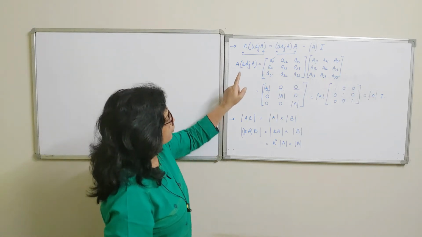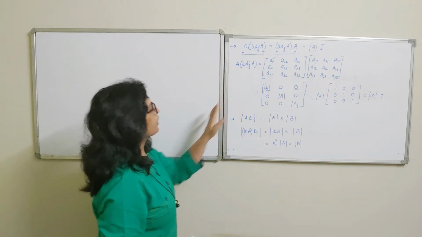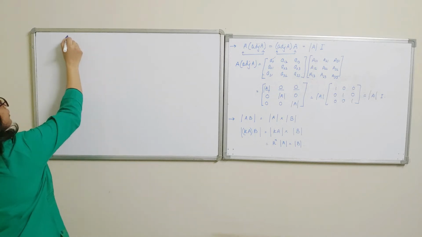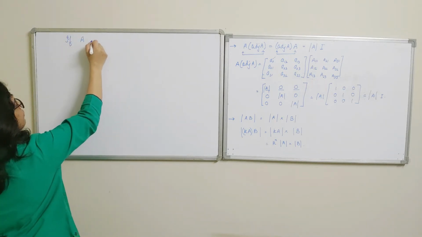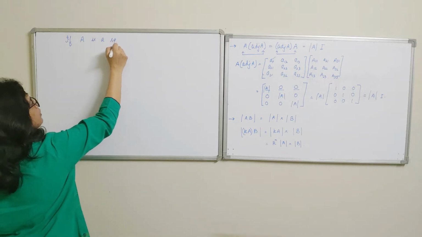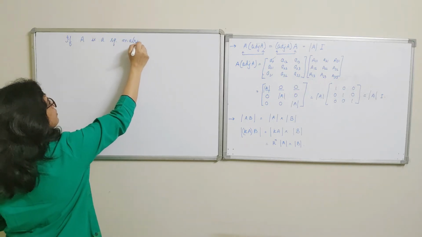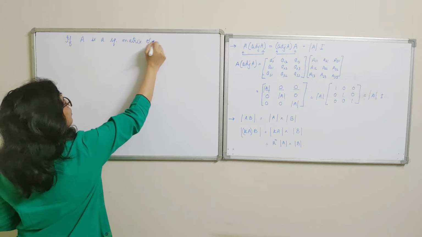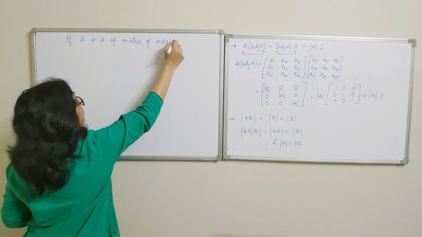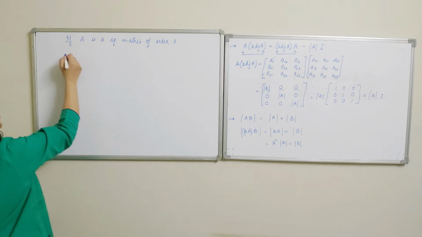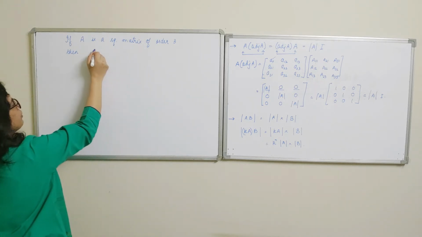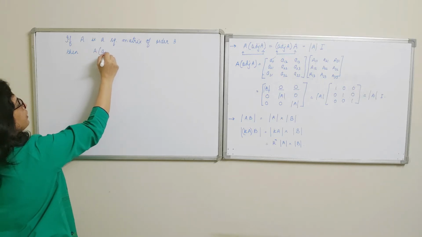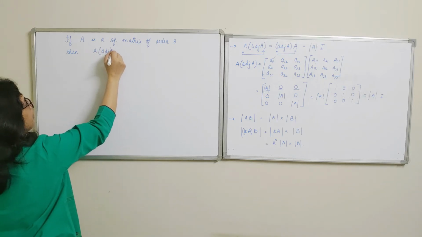So now we will refer to this case only. Here let us take A to be a square matrix of order 3. If A is a square matrix of order 3, then according to the result written there, we have matrix A multiplied by its adjoint.